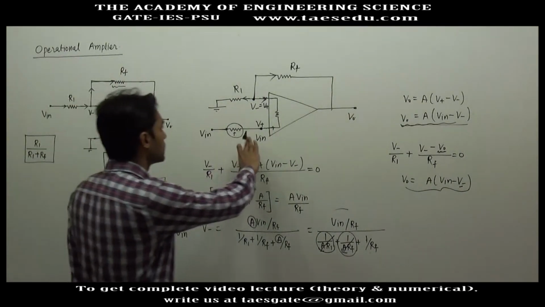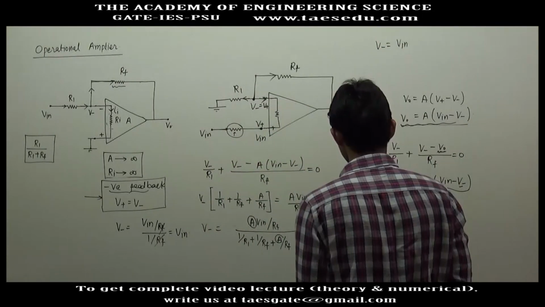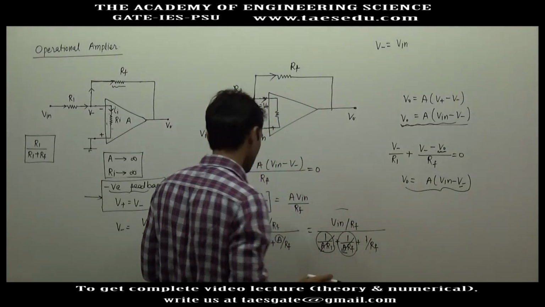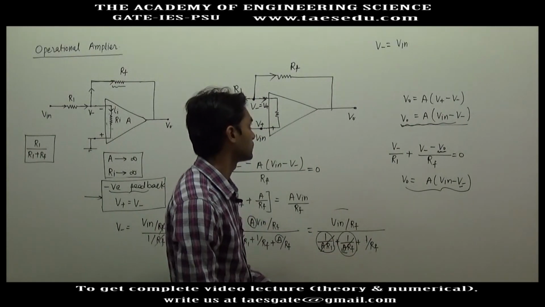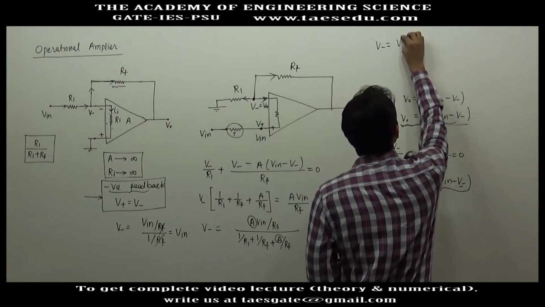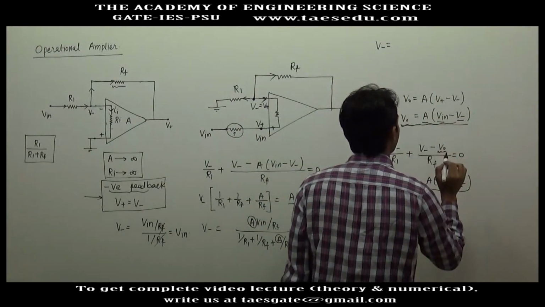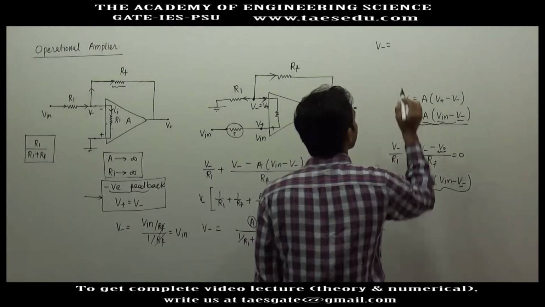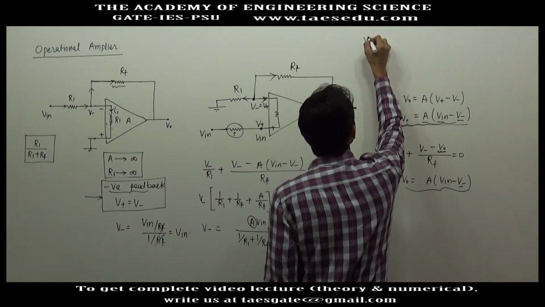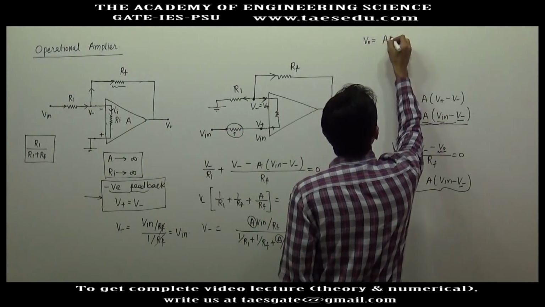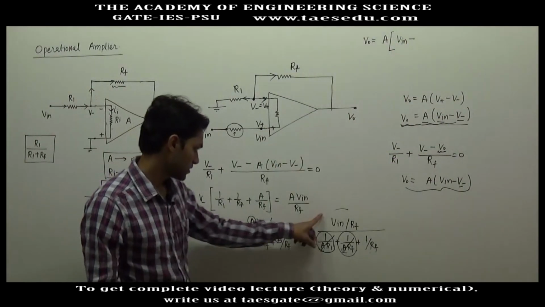In that case I will show you these two voltages are not the same. So in this question we have V minus equal to V input divided by R1 RF divided by this. And what is V output? V output is A into (V input minus V minus). So V output will be A into V minus, and what is the value of V minus?